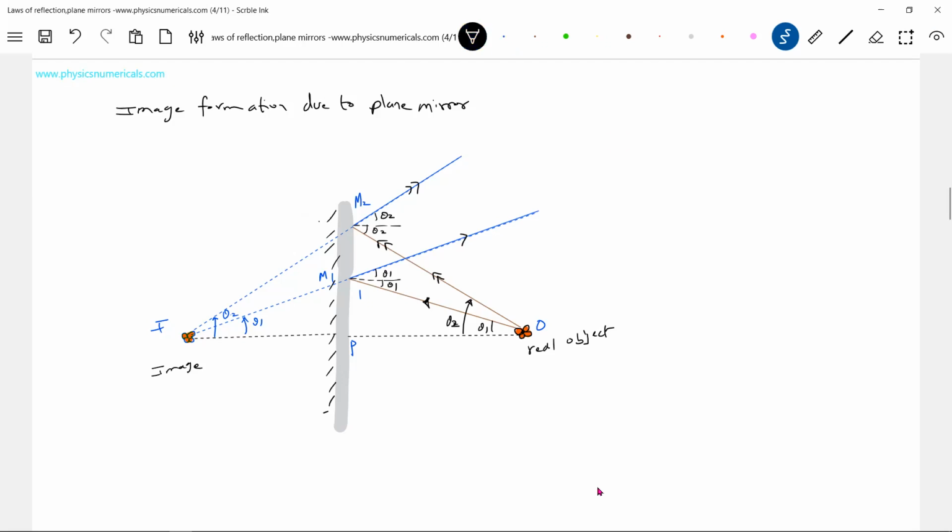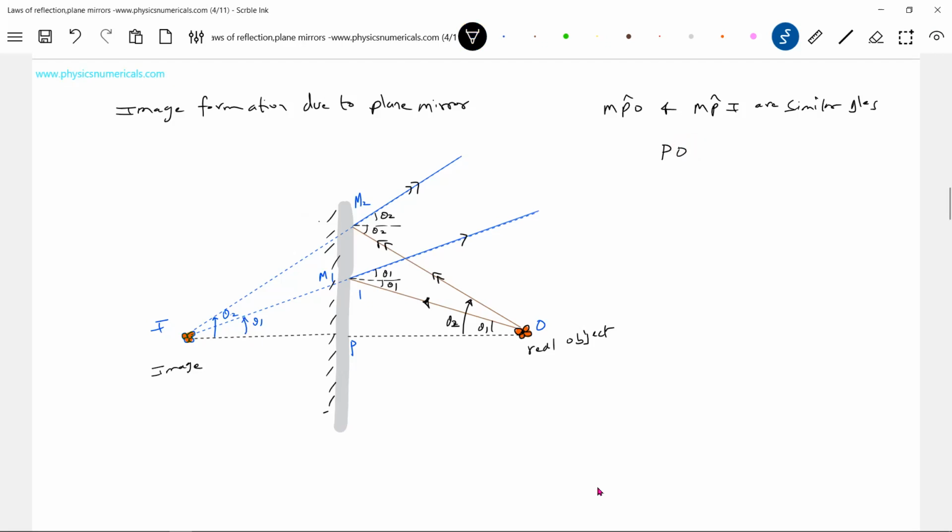So the triangles will be similar. If you look at the triangles MPO and MPI, they are similar triangles.